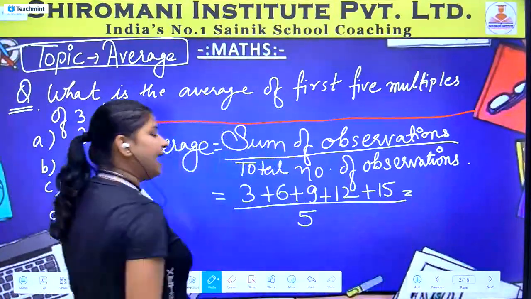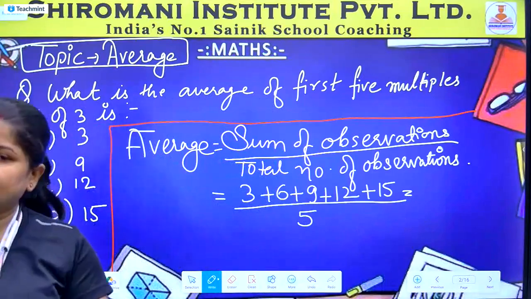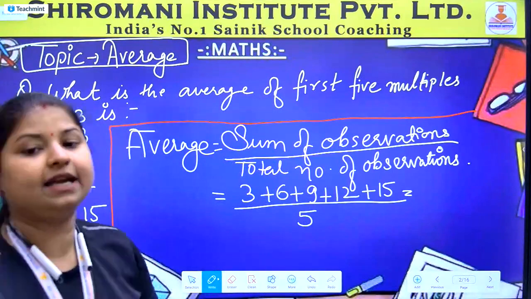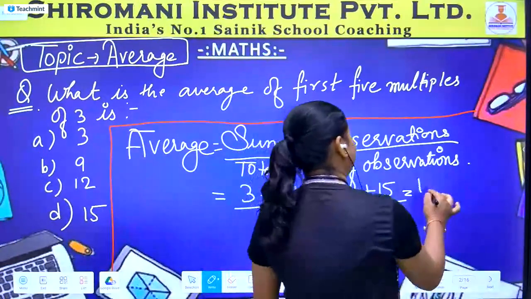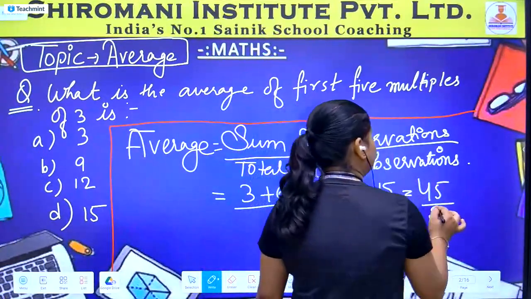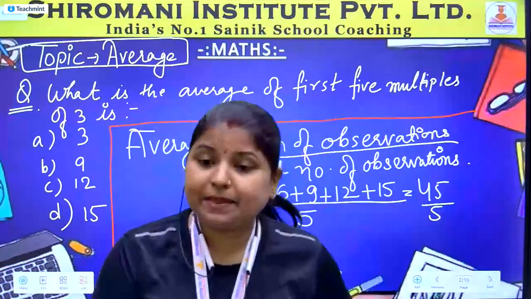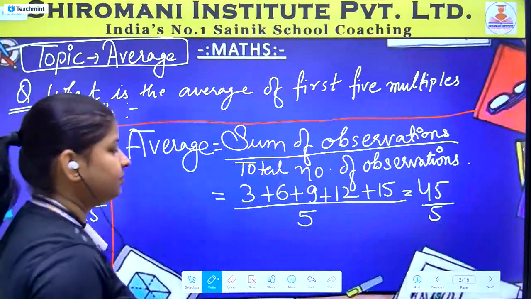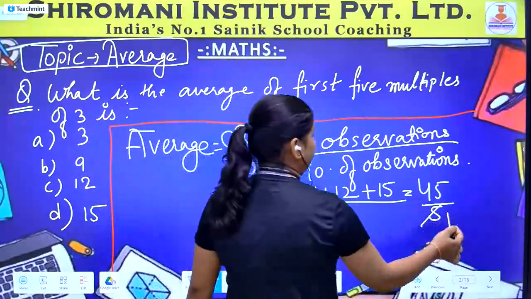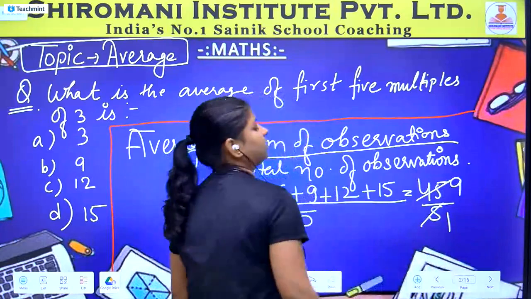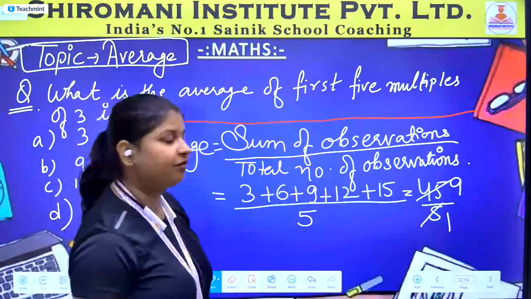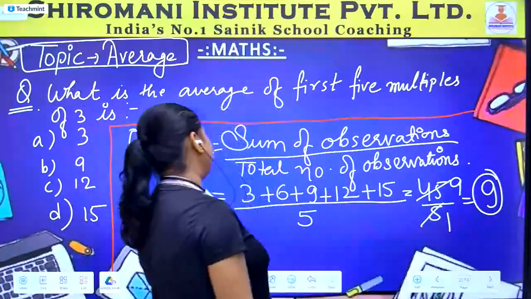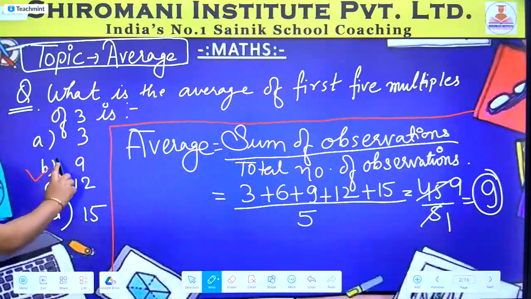Now just add all of them. 3 plus 6 is 9, 9 plus 9 is 18, 18 plus 12 is 30, and 30 plus 15 is 45. 45 by 5, 5 1s are 5 and 5 9s are 45. So 9 will be my correct answer. That is option B.